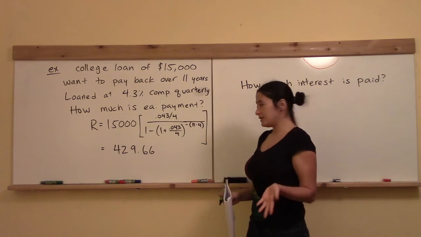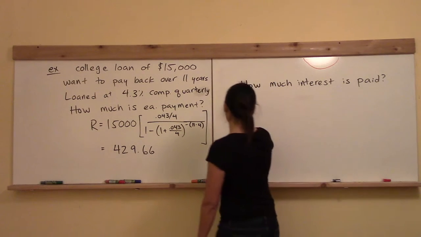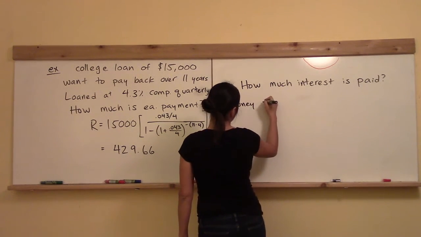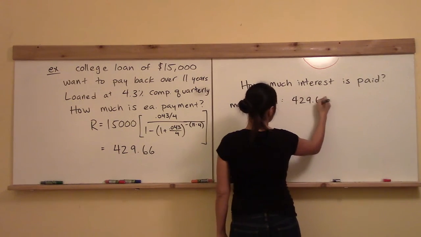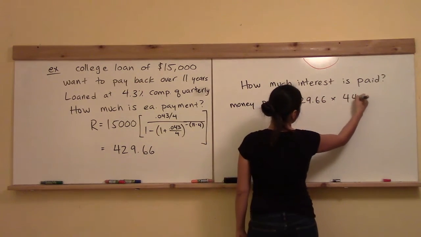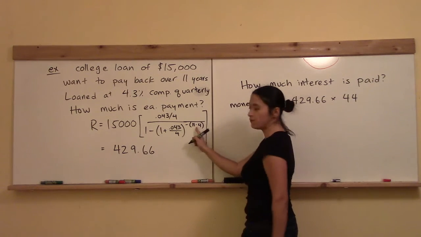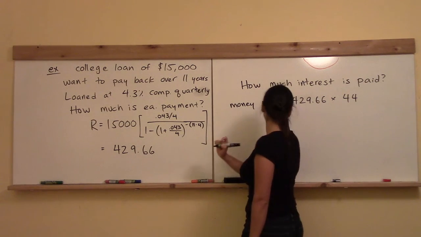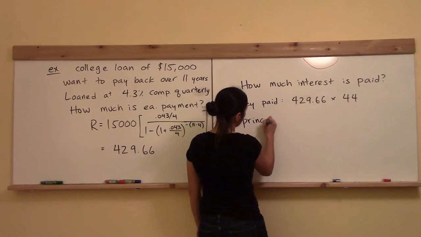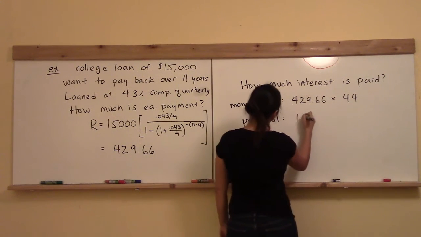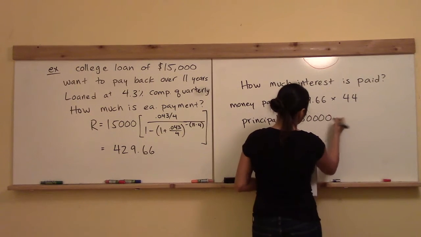Okay, so the general method there is that you're going to say, well, the money paid back was $429.66 multiplied by 44 pay periods. That's the same 44 as the N right here, okay? And then the original loan, which is sometimes referred to as the principal, that was $15,000.